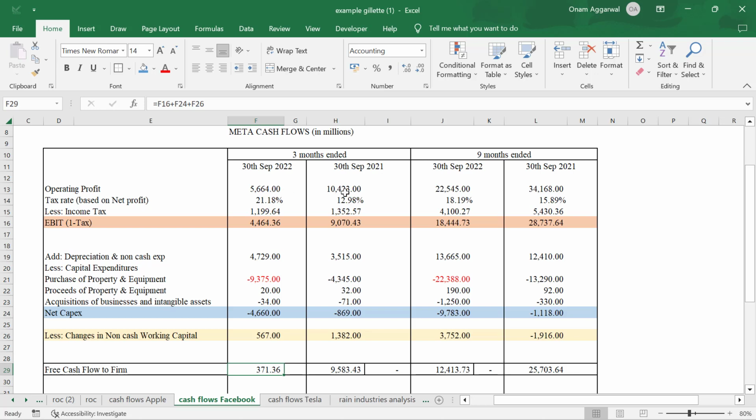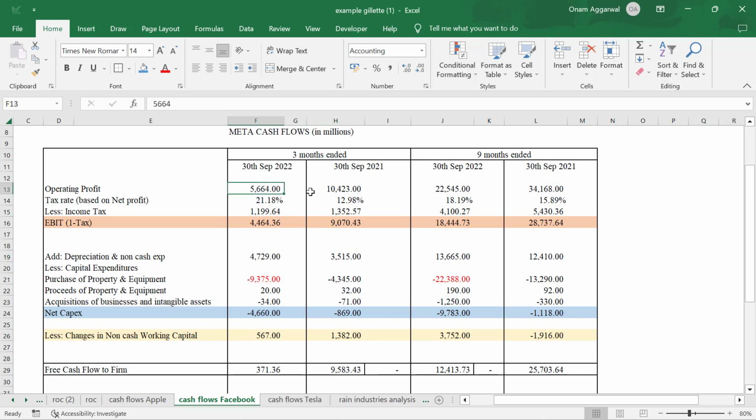It was around $10 billion, and operating profit after taxes, calculated at Meta's tax rate in the previous quarter of around 12.98%, is $9.07 billion. Then we add back the depreciation and non-cash expenses, around $3.5 billion, and they had made capex of only $4.3 billion.